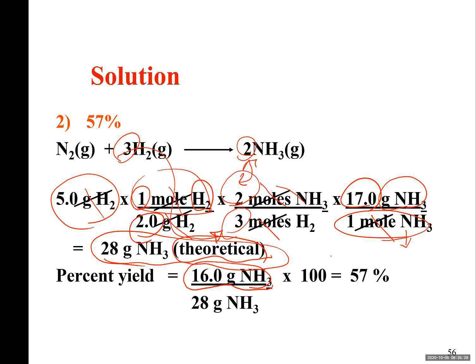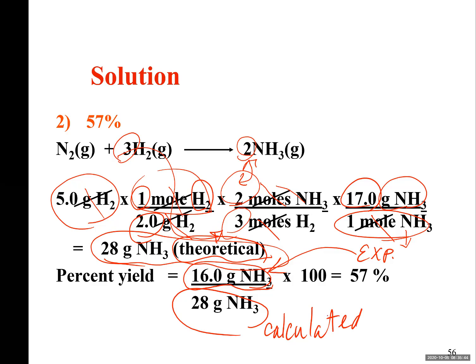So actual, which is based on experiment, on the top. 28 grams is based on calculation, theoretical. So experimental over calculated amount times 100, it says the yield of this reaction was 50%.